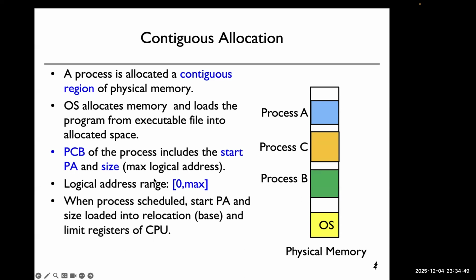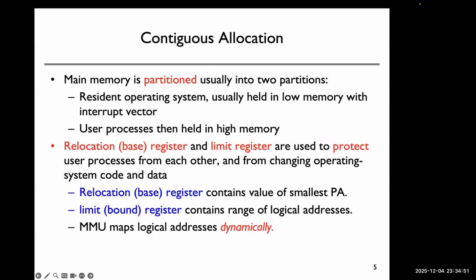So the main point of contiguous allocation is that whether the process is 8, 4 or 16 kilobytes, you need to allocate a memory chunk which is contiguous. Like it starts from, let's say, 4 kilobytes, and if the size of the process is 8, it should go from 4 kilobytes up to 4 plus 8, which is 12 kilobytes, in the memory space.